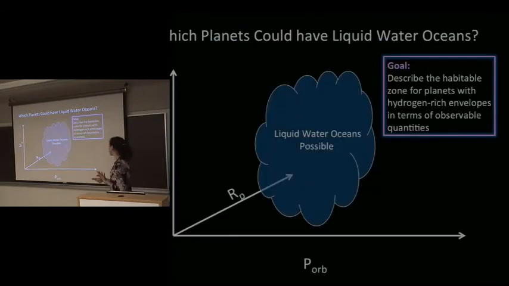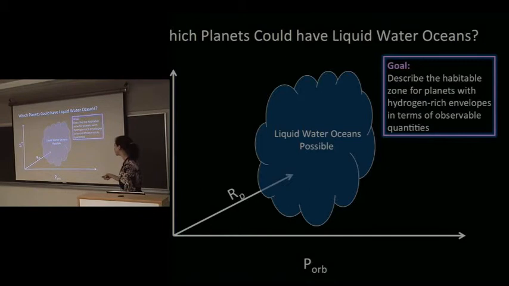Well, that's a question that's captivated my interest, and effectively I want to explore with planet interior structure models and planet climate models a range of scenarios in which a sub-Neptune planet with a voluminous, hydrogen-rich gas envelope could harbor a liquid water ocean.